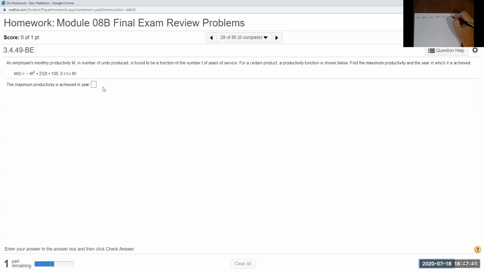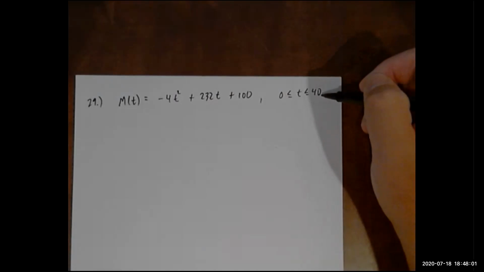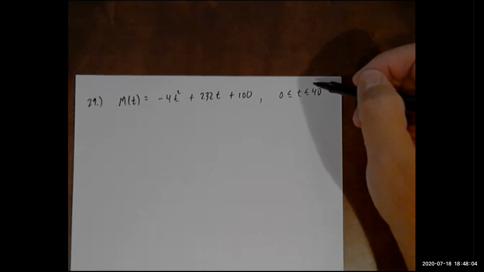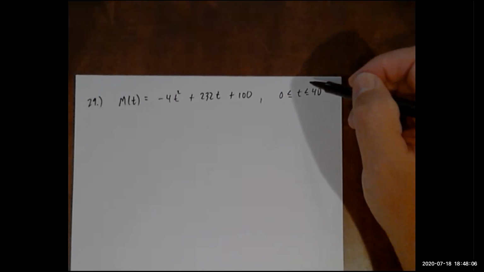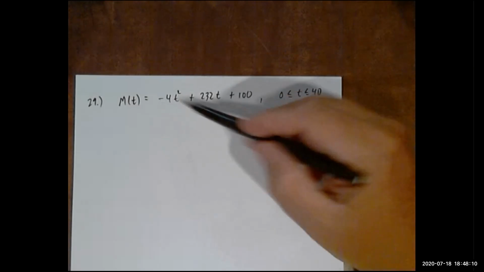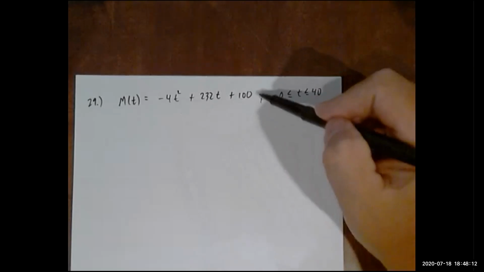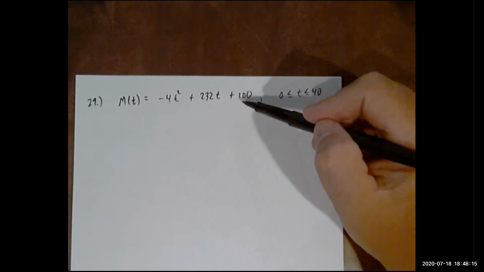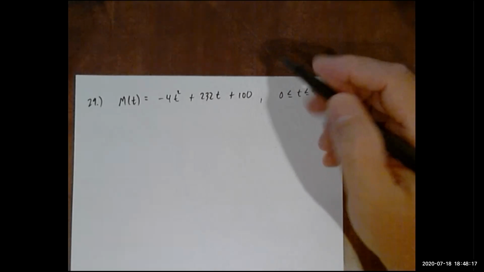And they're saying we're looking when the time is between 0 and 40 years. So here's this function. Here's where we're looking. This is just an absolute maximum problem. It's the same 2 steps. I have to first see if there's any relative max or min, in this case a relative max in between here, and then compare that to the endpoints.